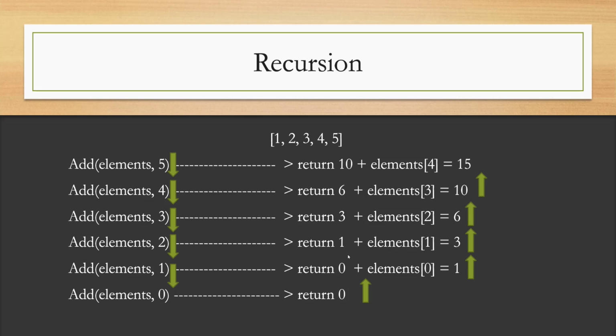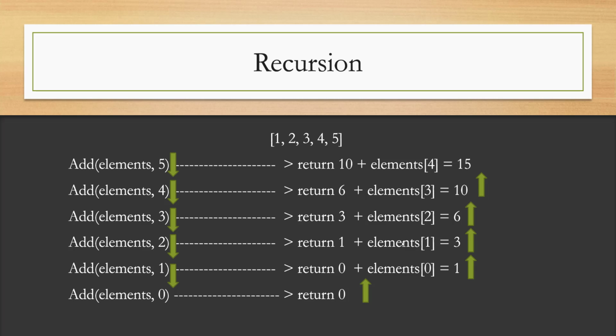So now we go back into the function that called this function, which is going to be 2. So now we say, hey, we had 1 for our previous computation plus the element at n minus 1. So 2 minus 1 is going to be 1. And the element at 1, right, is 2. So 2 plus 1 here is 3, right?